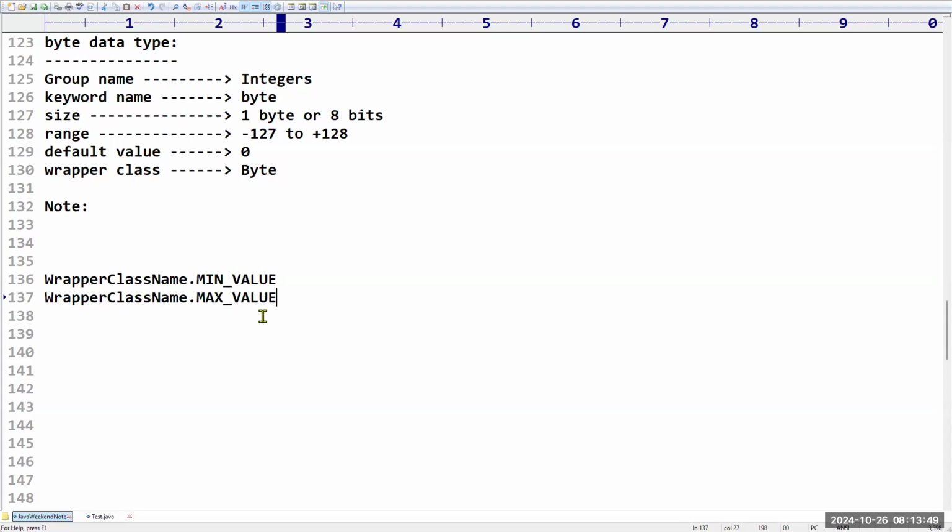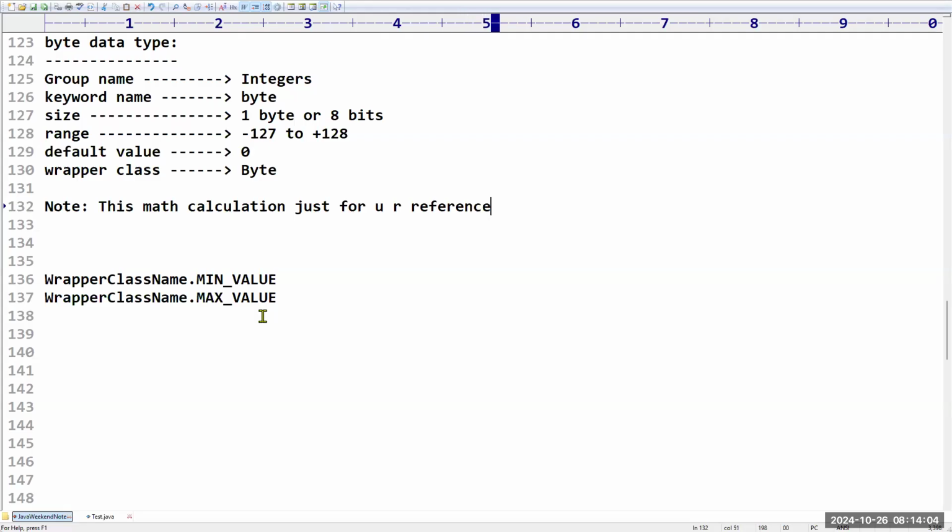But how it is calculated internally, I explained. That's why let me add a note. This math calculation is just for your reference, to show how it is coming.